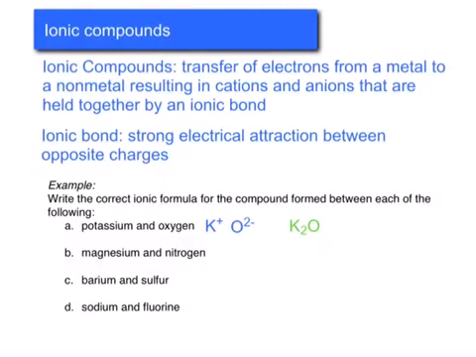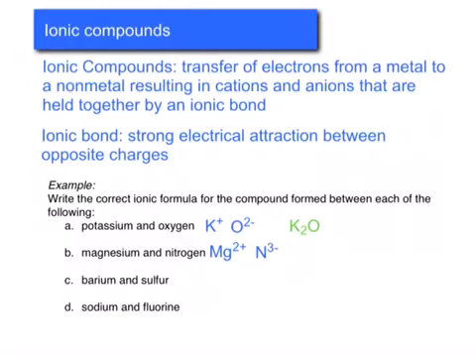Now we can do the same thing for magnesium and nitrogen. Magnesium is going to form an Mg2+ ion. It's in the 2nd column. And nitrogen is in the 5th column. It's going to form N3-. So in order to get a neutral charge with these, magnesium has a +2 and nitrogen has a -3. We sort of need the lowest common multiple, if you remember that from math.